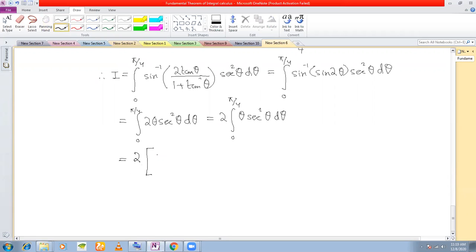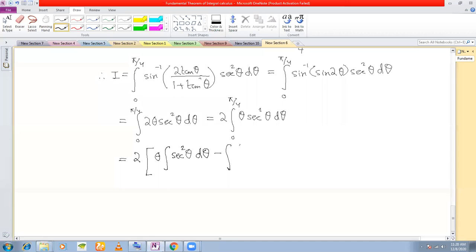First function is theta. This is algebraic and this is trigonometric function. So we take the algebraic function as the first function, minus integral of, we will not put the limits here. We are integrating this by parts only. Limits we'll put after that.